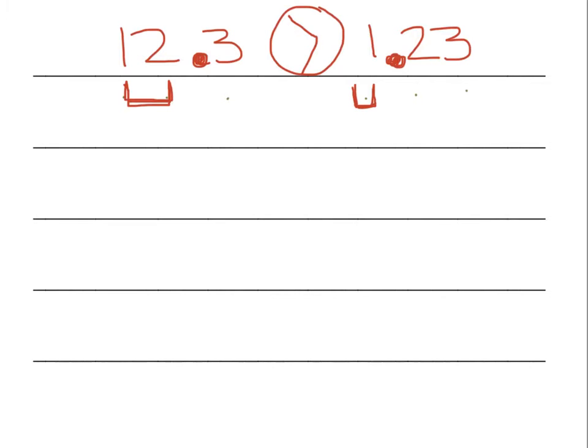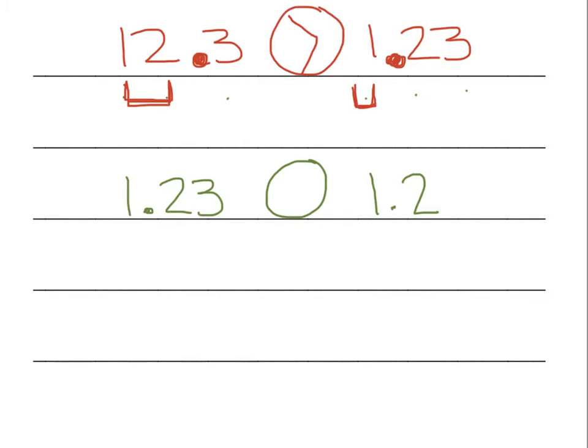Now, where this gets a little tricky is when you are comparing or ordering numbers that have place values in the decimal range. For example, if I said 1 and 23/100 compared to 1 and 2/10. Well, this has become a little more challenging.